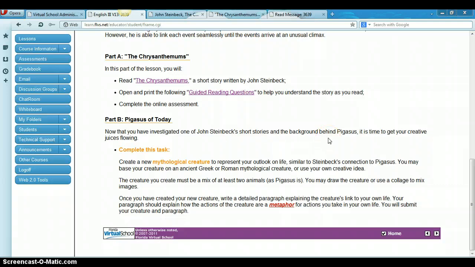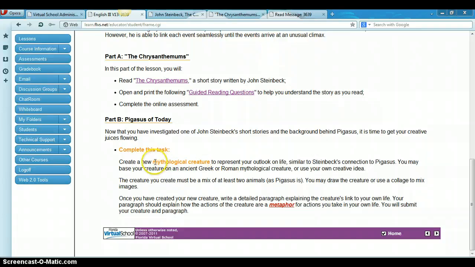The Pegasus, John Steinbeck thought, was a representation of himself because it was a pig with wings. He thought it had the ability to fly and be graceful, but because it was a pig, it could never really get all of its hooves off the ground. So you're going to want to read more about that.